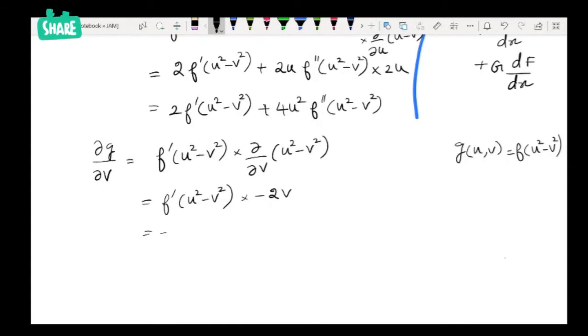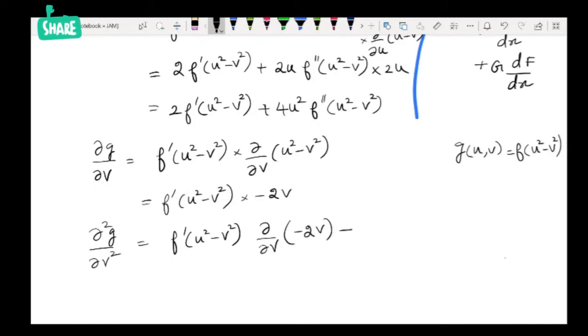So let's try to find del square g by del v square. I'm going to use the same rule as above. f dash of u square minus v square, we are keeping it as it is, and differentiating minus 2v with respect to v, and then keeping minus 2v, I'm going to differentiate f dash with respect to v.